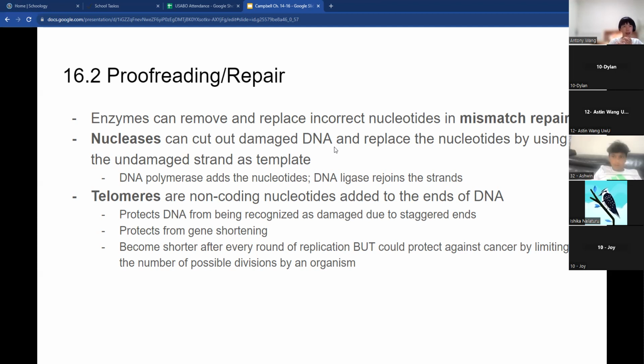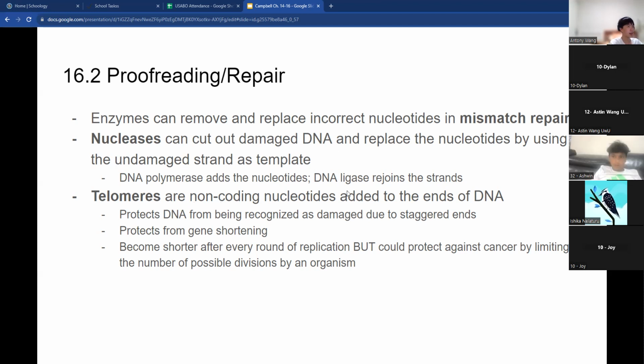And then a polymerase will come in and remake that section of the DNA by reading the other strand that was undamaged. Remember, DNA is made up of 2 strands. If one strand is broken, you can get rid of that part of the strand and then use the other strand to remake the strand that was broken.